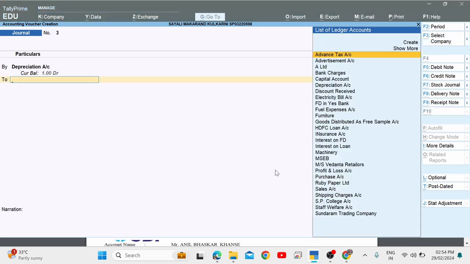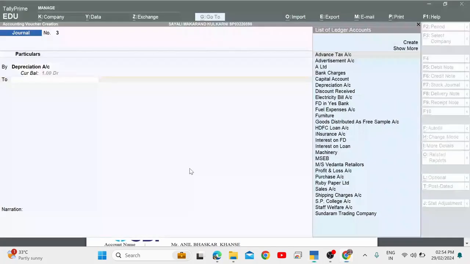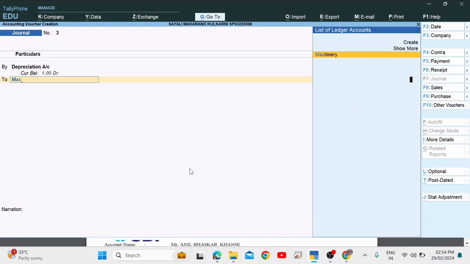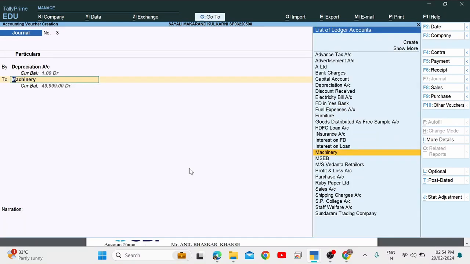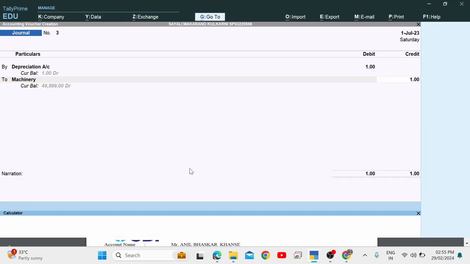Then they are asking us to provide 25% on machinery. The yearly rate of depreciation is 25%, therefore select machinery. The original balance of machinery was rupees 50,000.